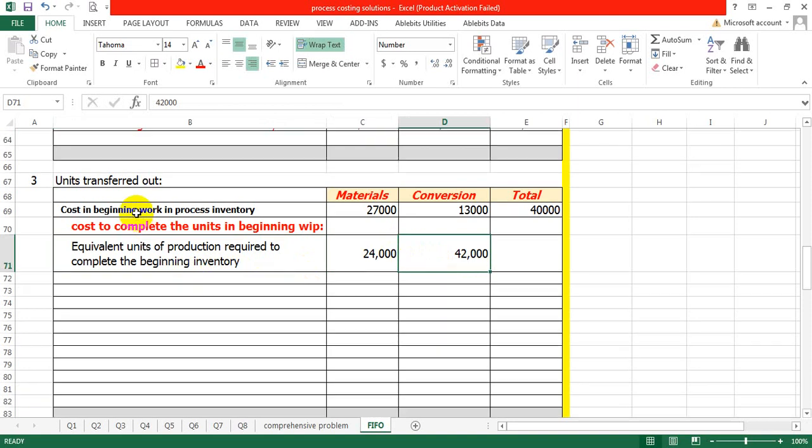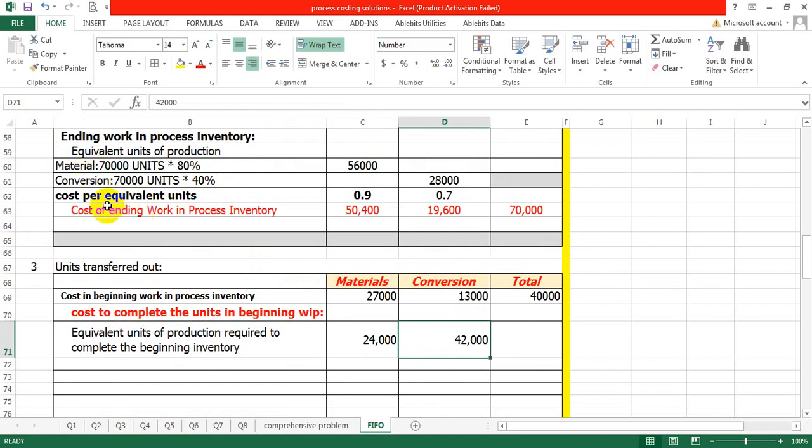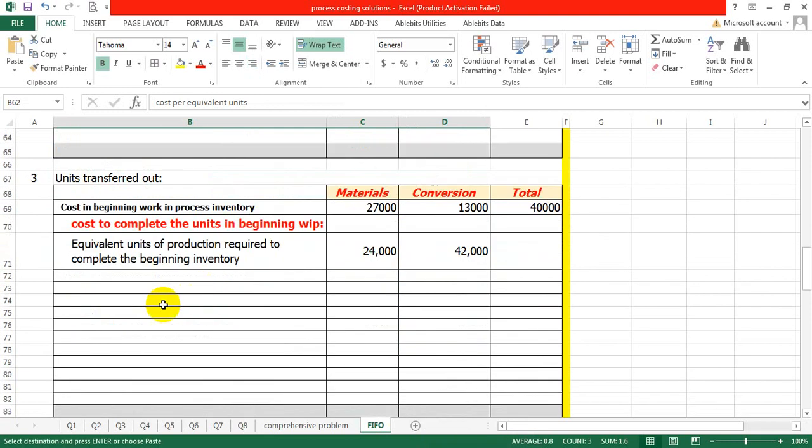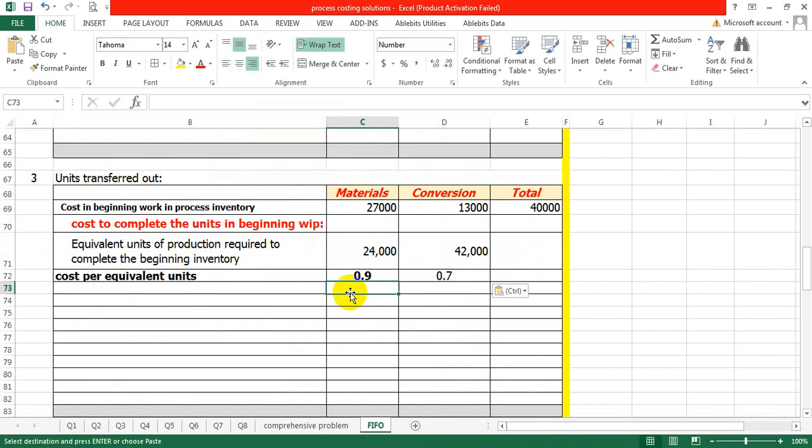Now the cost per equivalent unit, we have already calculated, so we will multiply these two values.